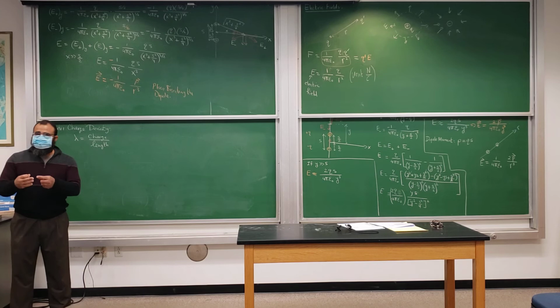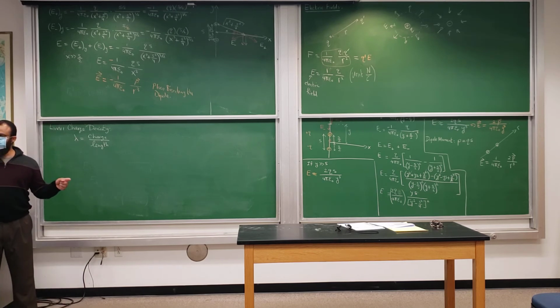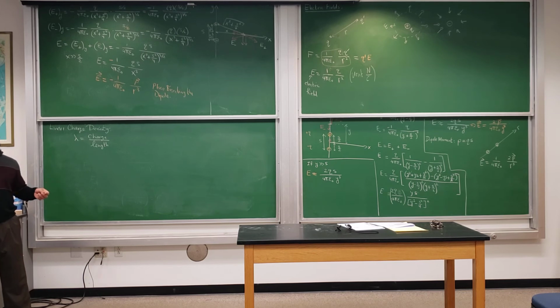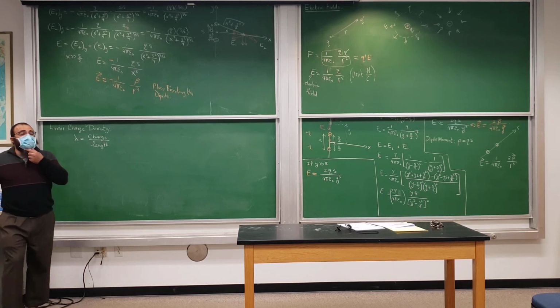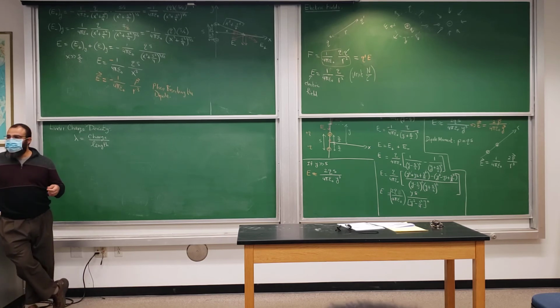Meaning, if I have a 1 meter long line of charge, how much charge is in that meter? Like how closely packed are the charges? And we did this last semester when we talked about waves on a string. We said mu was the mass per unit of length, right?